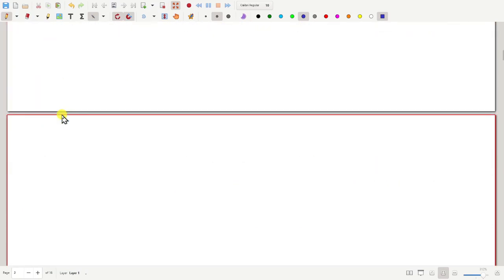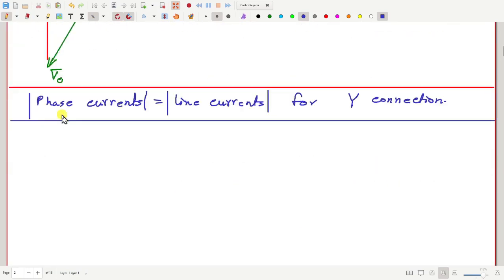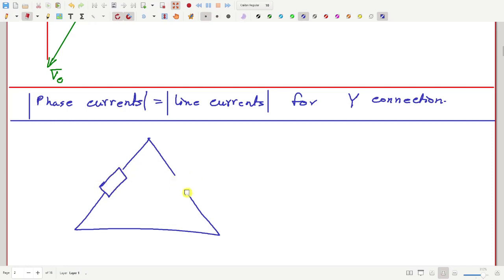Now we consider a balanced delta connected system. Let me consider the load side; you may also consider the source side.